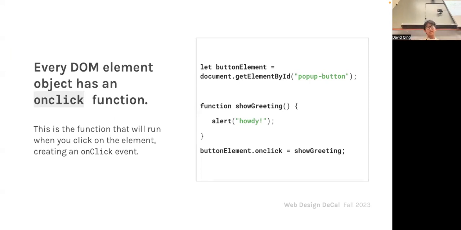This is just a quick little example. We select this button element, document.getElementById of popup button, and then we give it this onClick of showGreeting. And we create this showGreeting function to just alert howdy. So whenever we click on that popup button, that will trigger showGreeting to run.